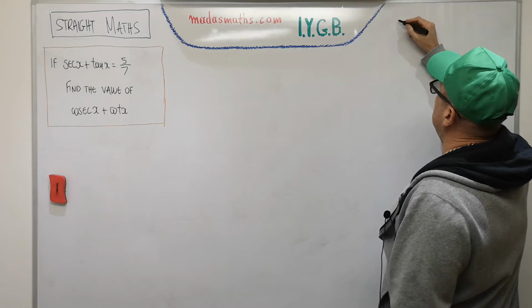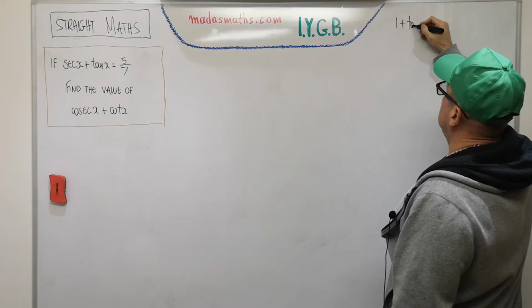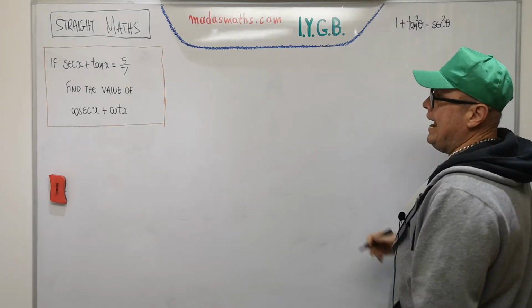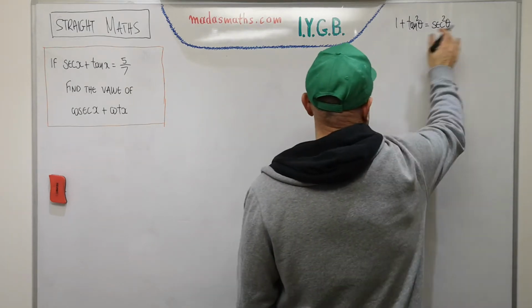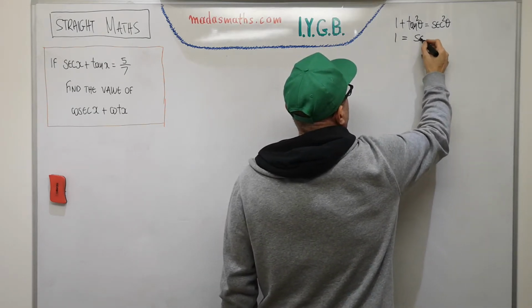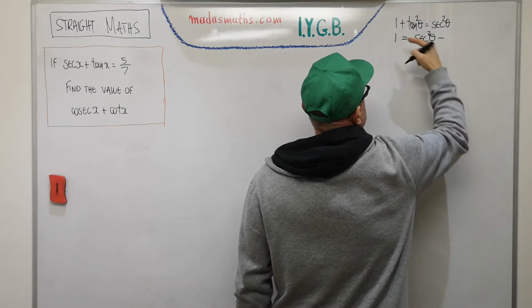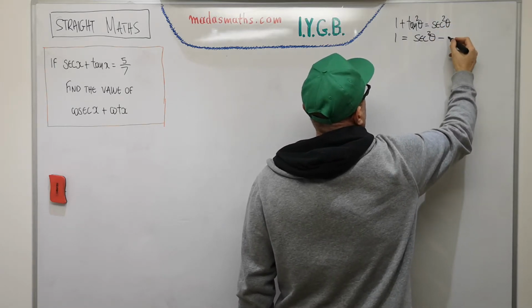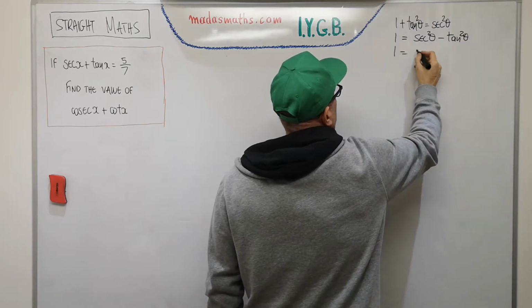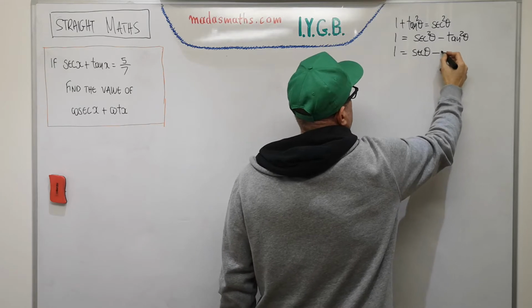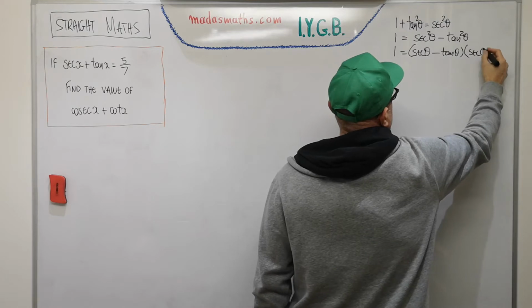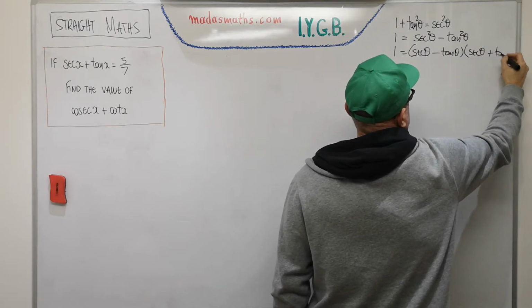If you look at the identity, 1 plus tan squared of theta is equal to the sec squared of theta, and correspondingly 1 plus cot squared is equal to the cosec squared. These identities allow a difference of squares between the functions: sec squared minus tan squared is sec theta minus tan theta times sec theta plus tan theta.